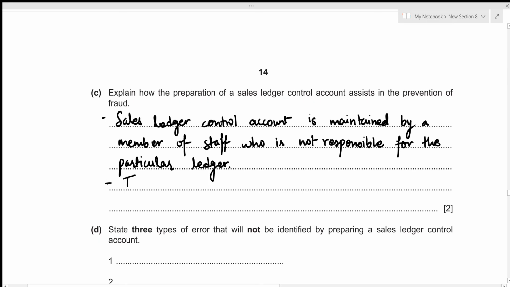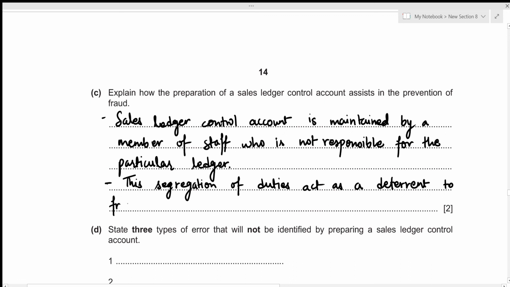So this segregation of duties acts as a deterrent to fraud and makes the discovery of fraud easier.